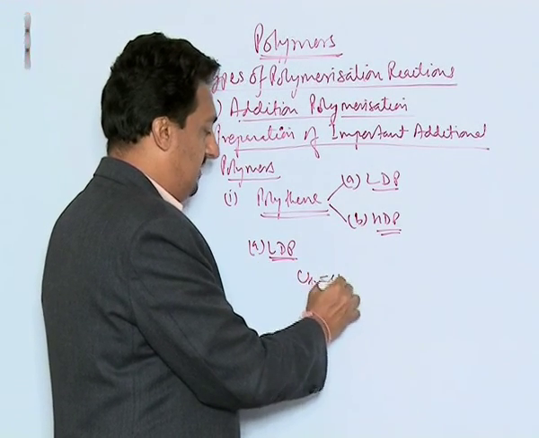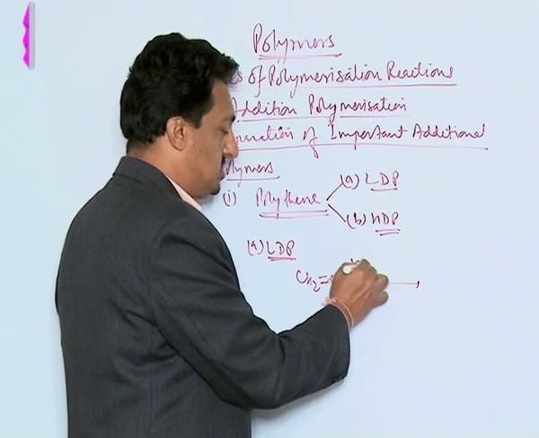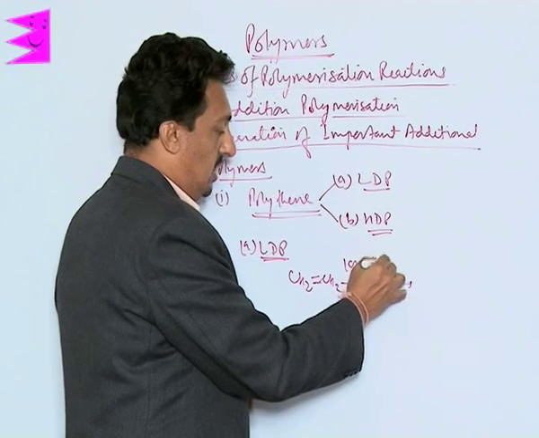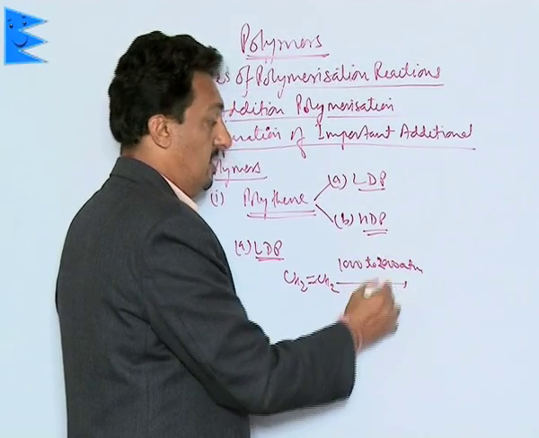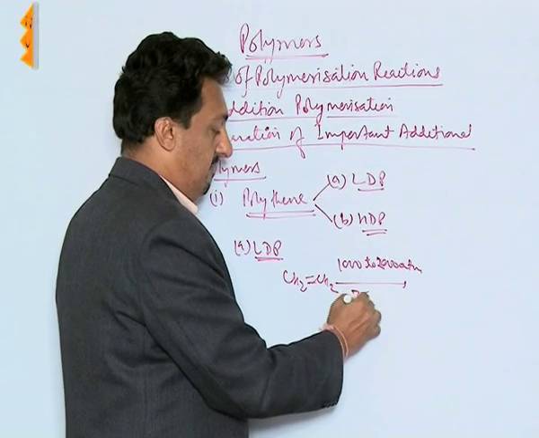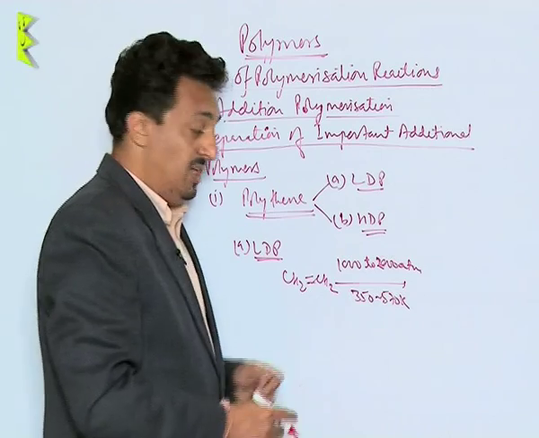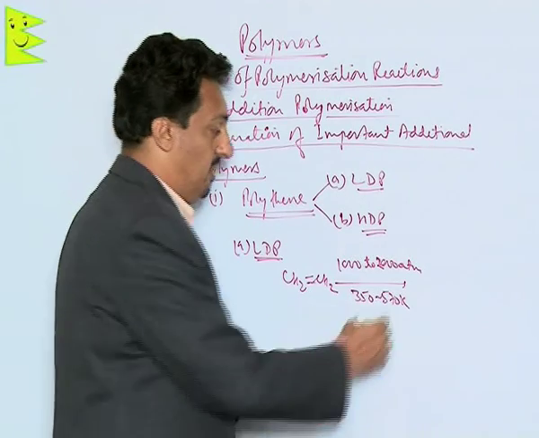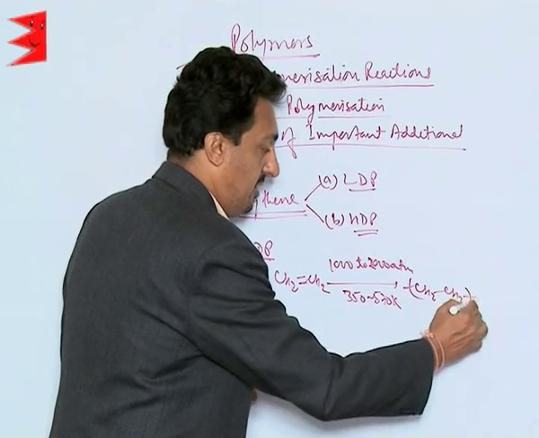When the ethene molecules are subjected to a very high pressure of 1000 to about 2000 atm, and they are subjected to 350 to 570 Kelvin temperature, these monomers form a long polymeric chain which are called low density polythenes.